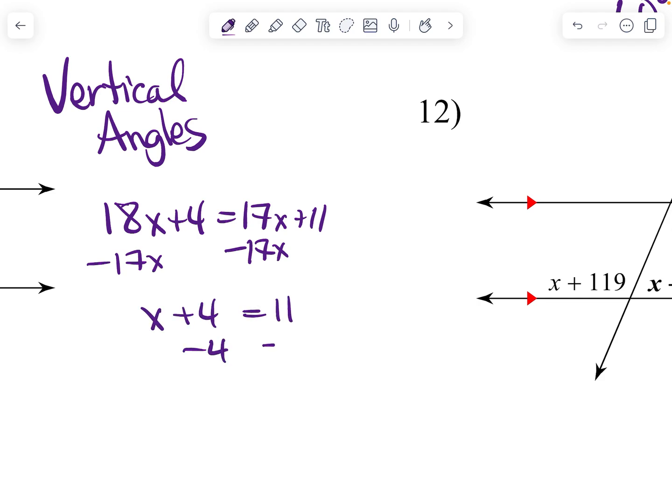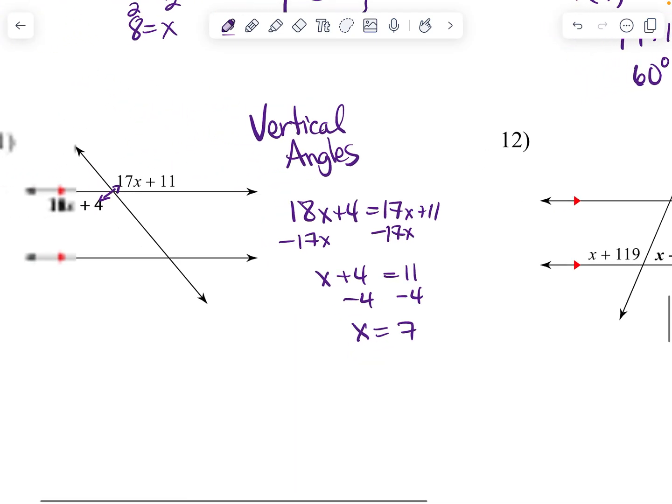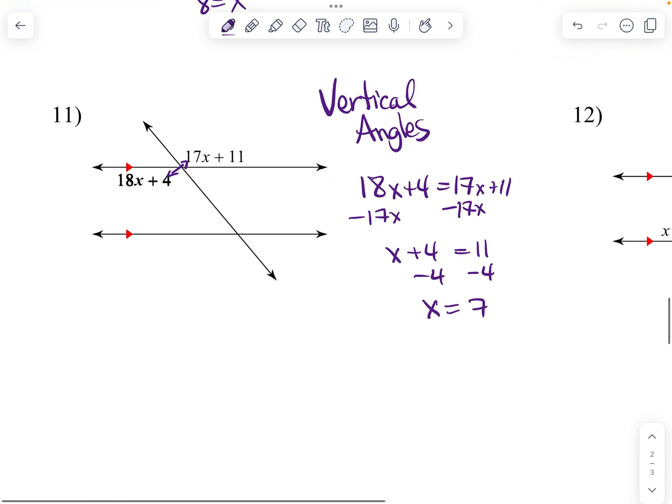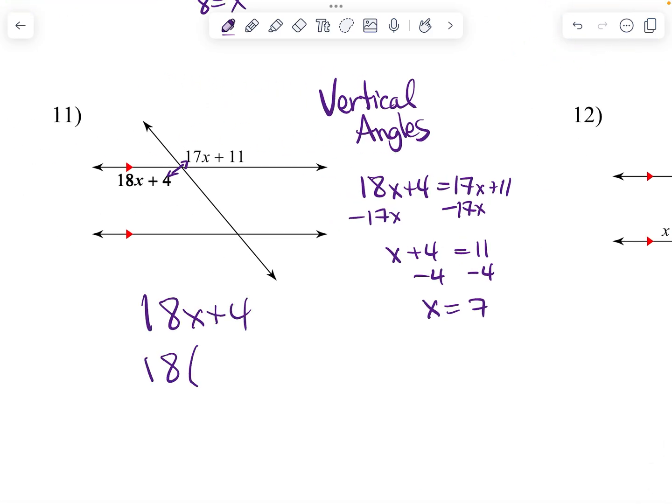So I subtract 4, and x equals 7. I want the highlighted one. So that's 18x plus 4. So I'm going to replace the x with 7. That's a weird looking parenthesis. So that's 126. So 126 plus 4. So 130 degrees.